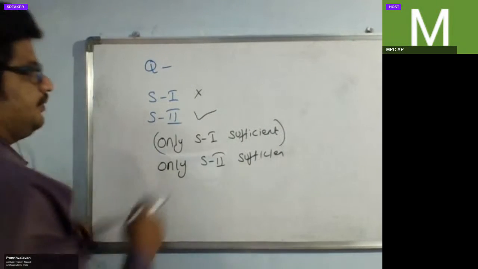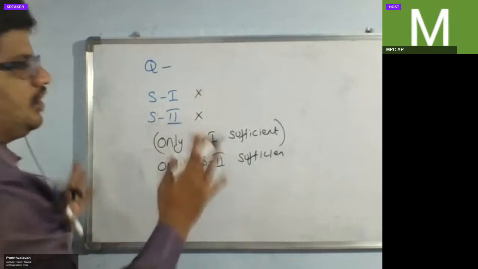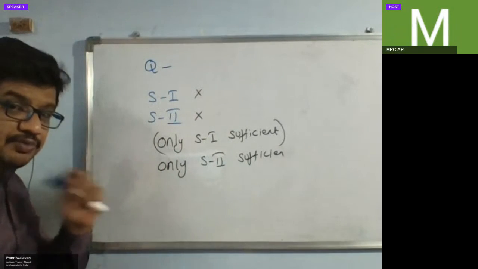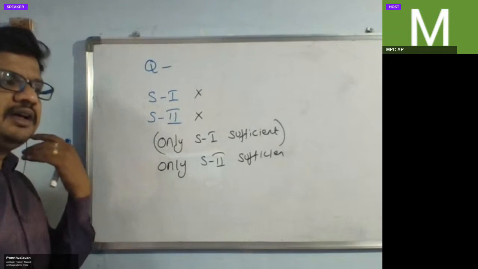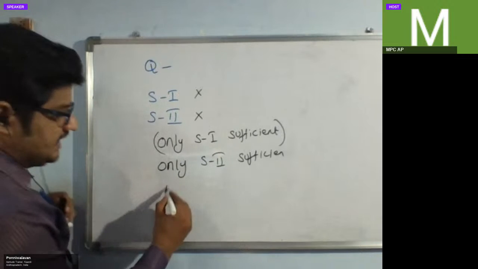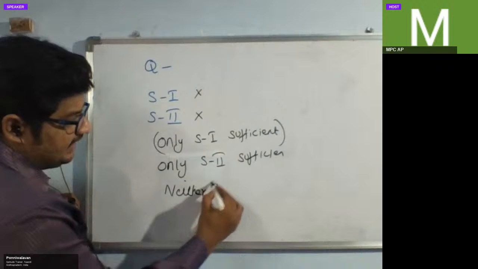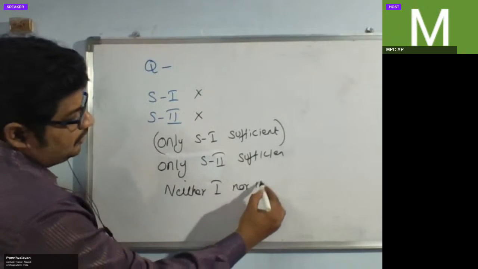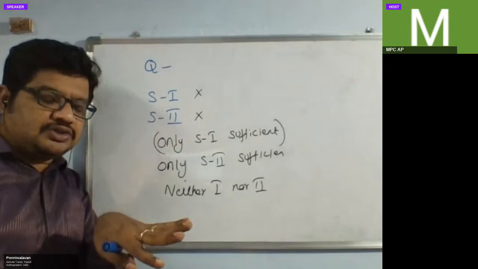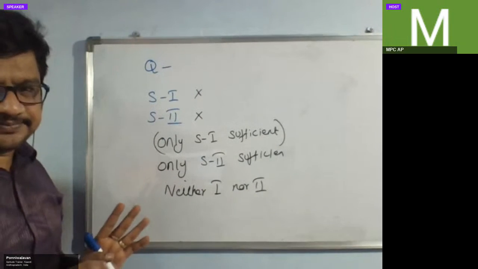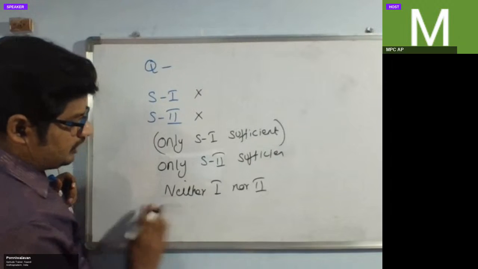Now, if even by using both statements you are not able to find the answer, that data is not sufficient. It is neither 1 nor 2. Even though 2 clues are given, we are not able to find the answer. Next, both 1 and 2.